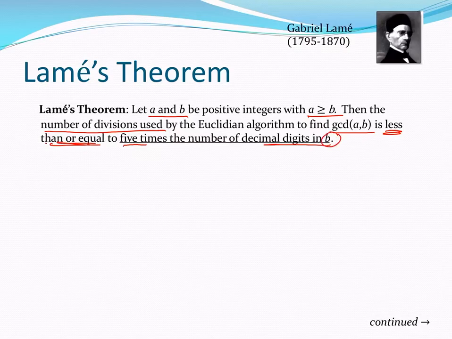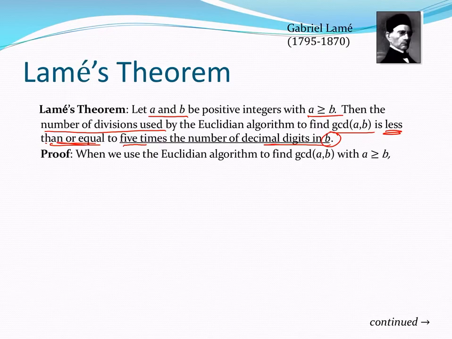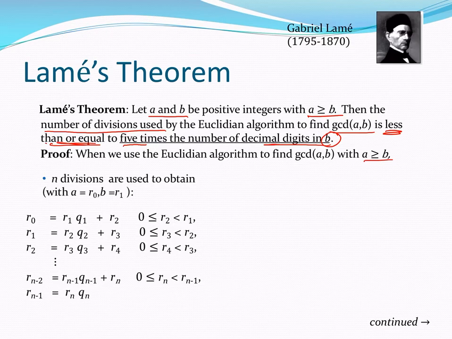Okay, well, let's remember how the Euclidean algorithm works. We will apply that with a greater than or equal to b, and we start with a being R0 and b being R1, and it's going to take n divisions to get down to the stopping condition before we find our greatest common divisor, which is Rn.